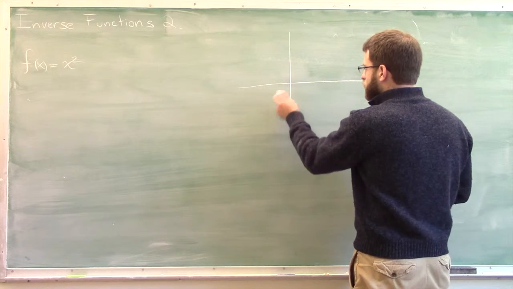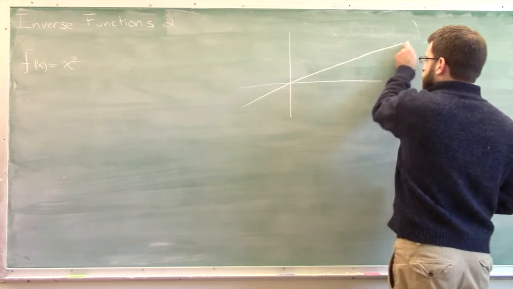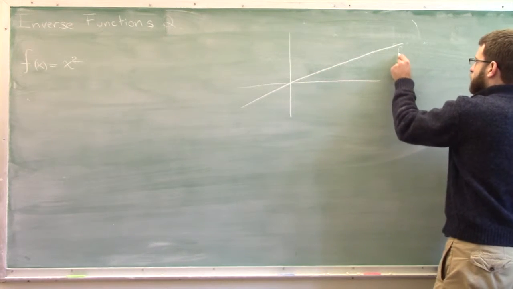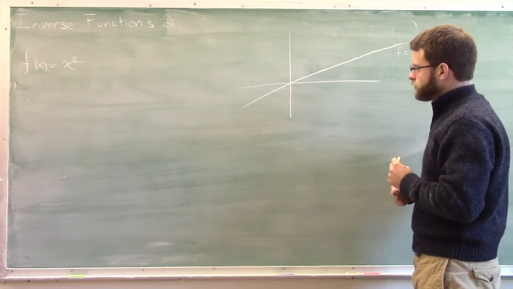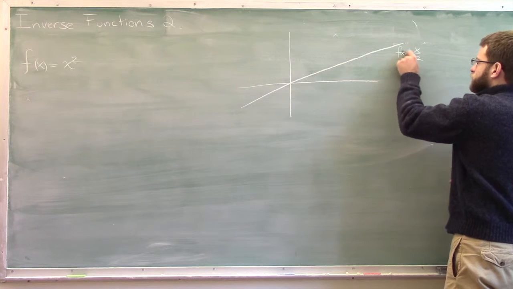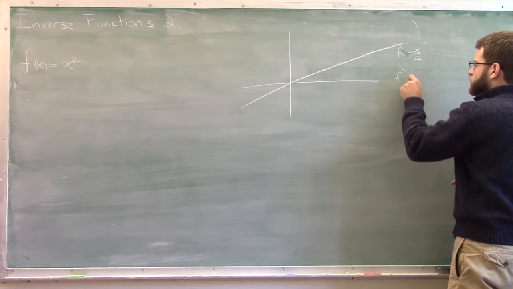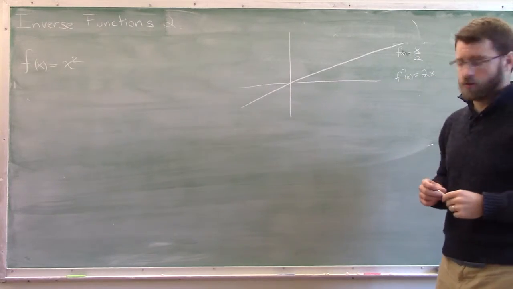If I draw a function, let's say a shallow line, and let's say that this is f of x equals x over 2, it's going to turn out that the inverse function for this is 2x.